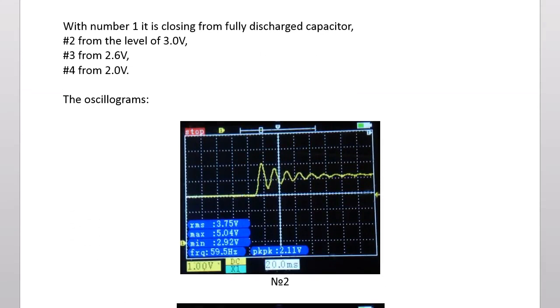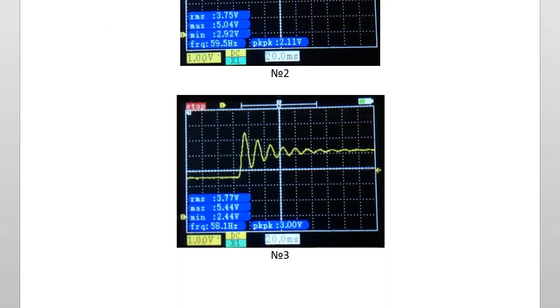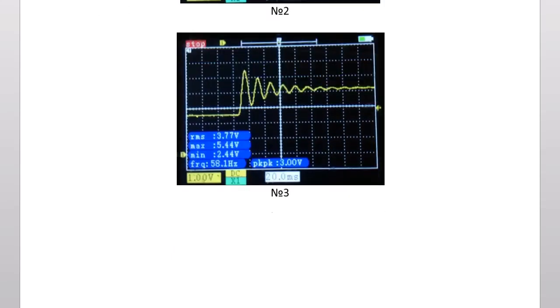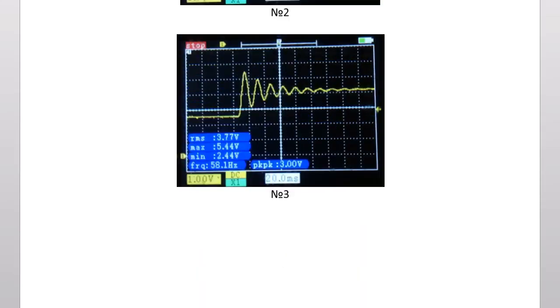With number 1 it's closing from a fully discharged capacitor, number 2 from the level of 3 volts, number 3 from 2.6 volts, number 4 from 2 volts. So the oscillograms of this charging, and you can see that the amplitude of this oscillating charge is different.